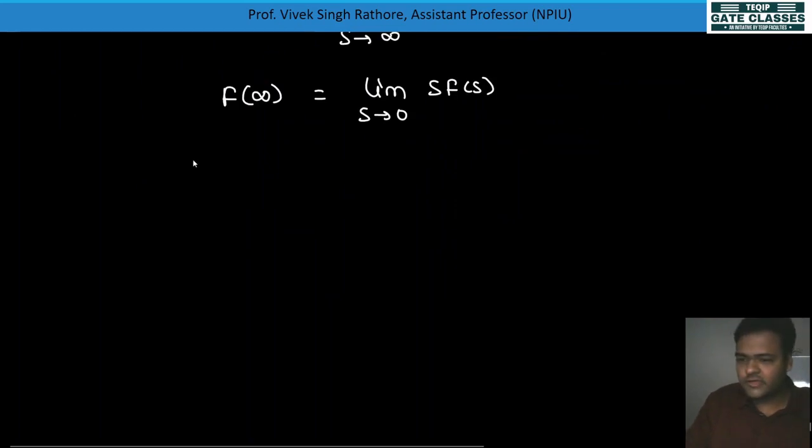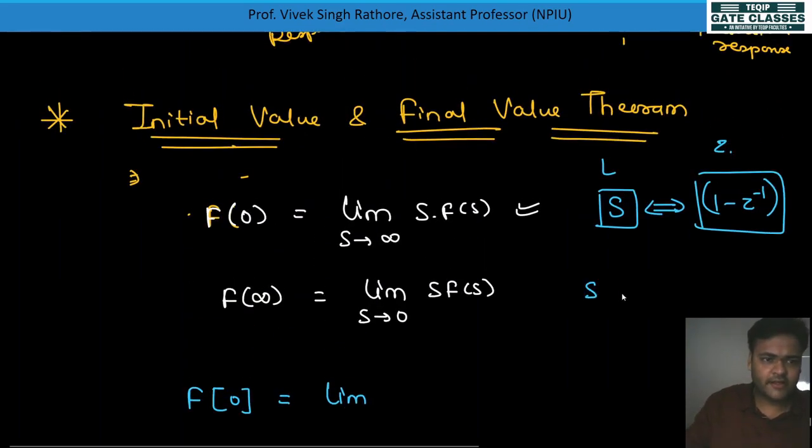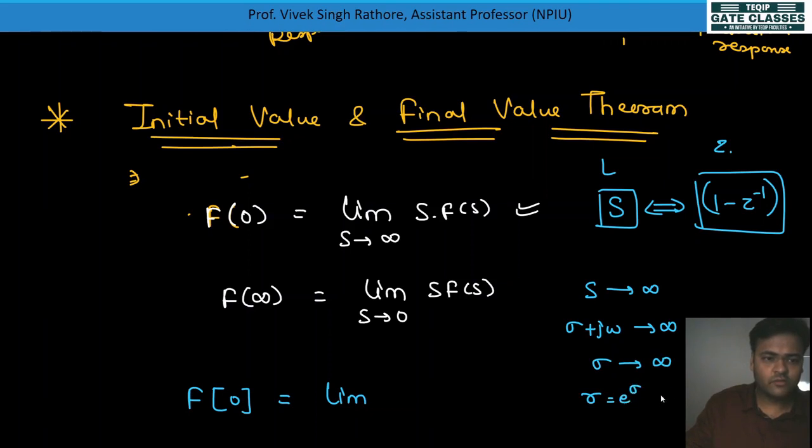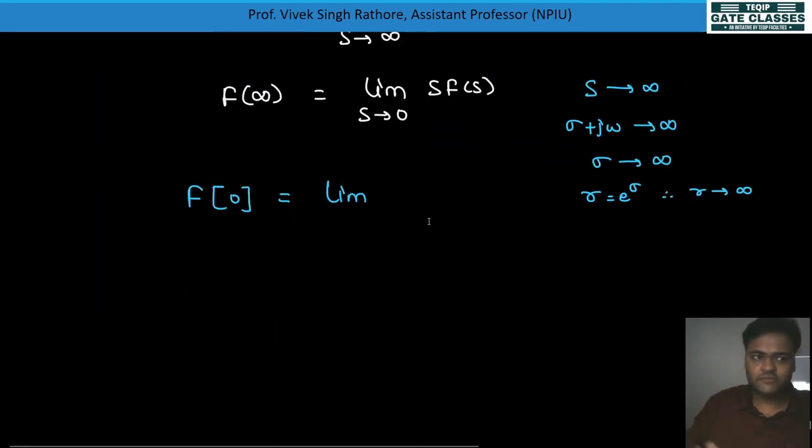For f(0), the initial value, s tends to infinity, meaning sigma plus j omega tends to infinity, so sigma tends to infinity. Since r is e to the power sigma, r tends to infinity, which means mod z tends to infinity.